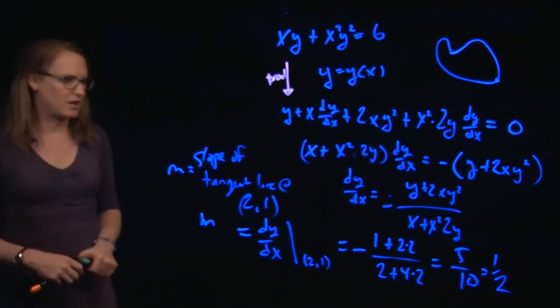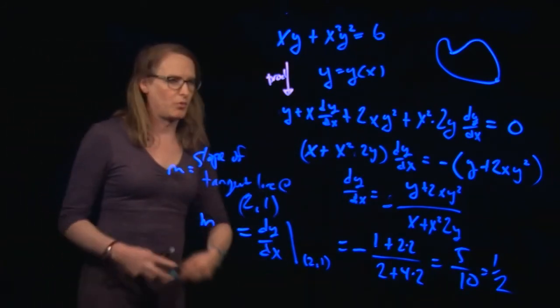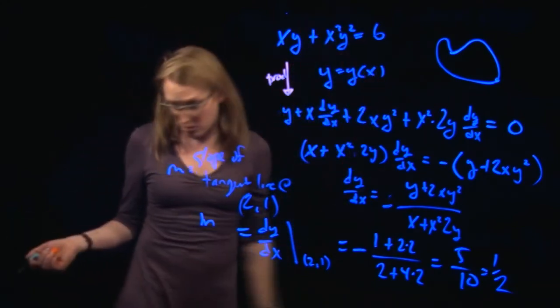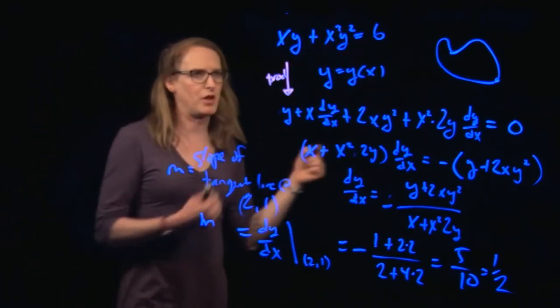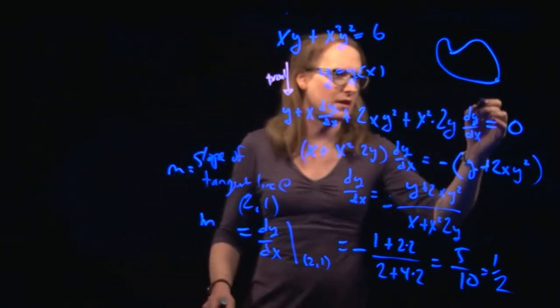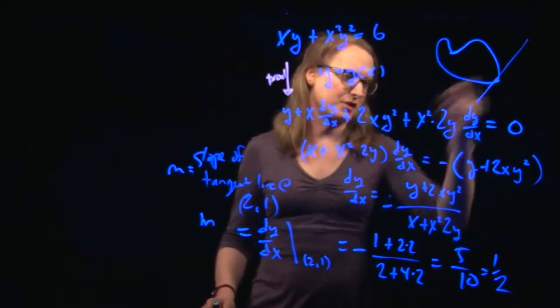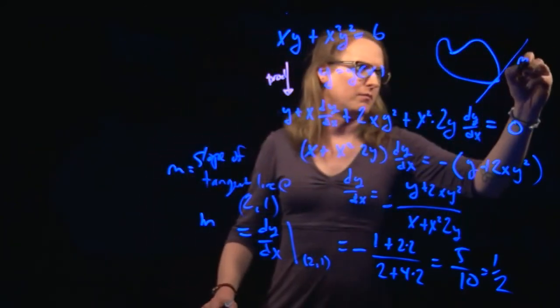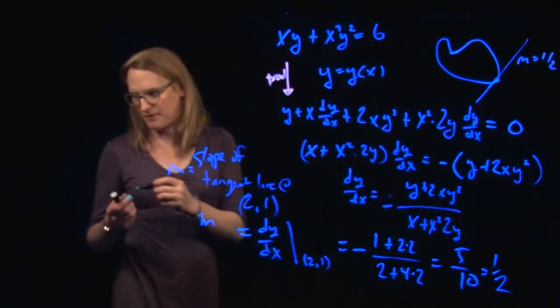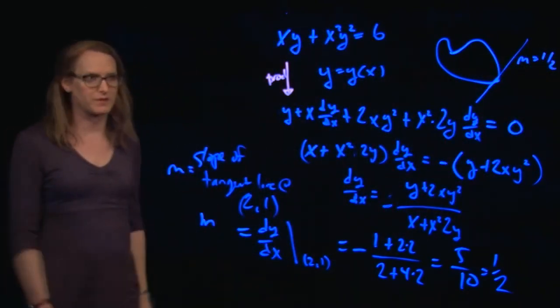So the slope of the tangent line is a half. Whatever the curve is doing, we don't have a plot of the curve. I could teach you how to plot these curves using implicit plotting, but we're not going to do that. So the slope of the curve there is a half, and implicit differentiation revealed that to us.